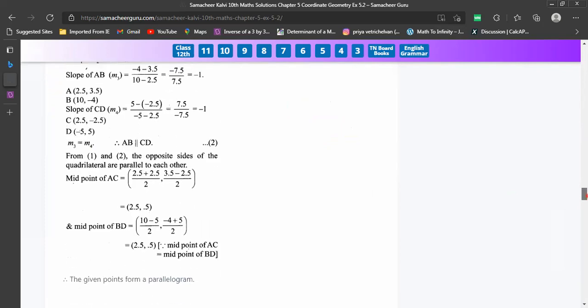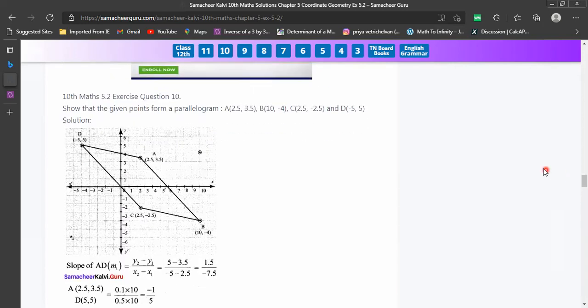And they're also trying to prove this. They're saying that midpoint of AC should be equal to midpoint of BD. They are taking the diagonal lines, okay? Midpoint of the diagonal lines should be equal to each other.